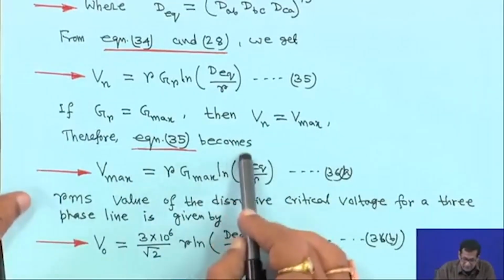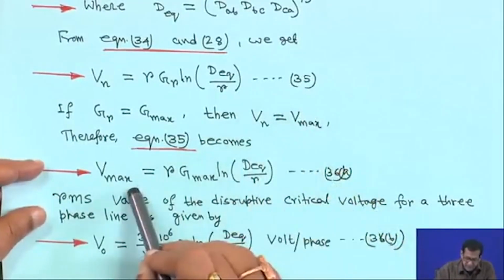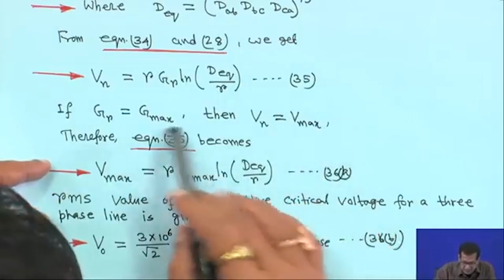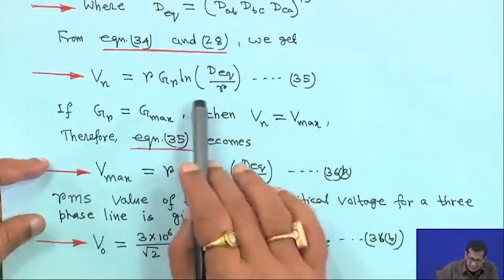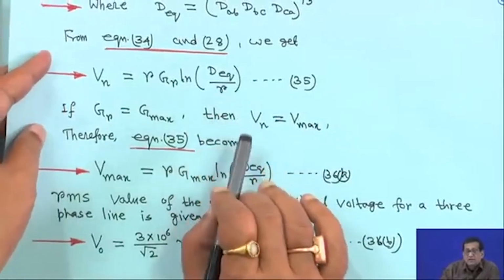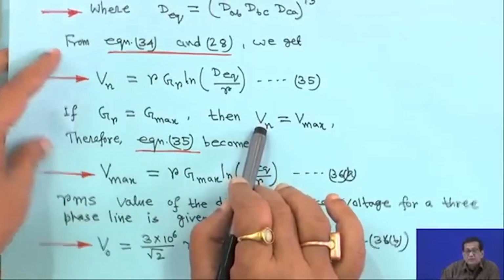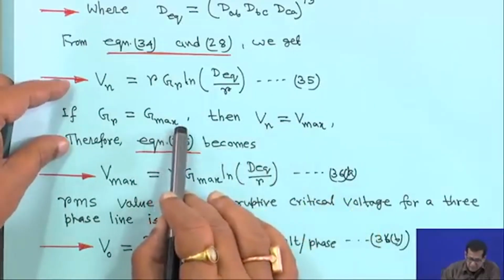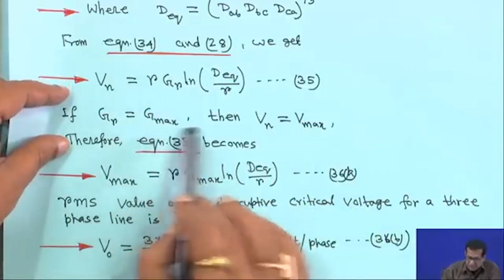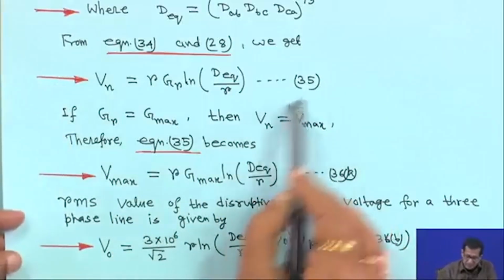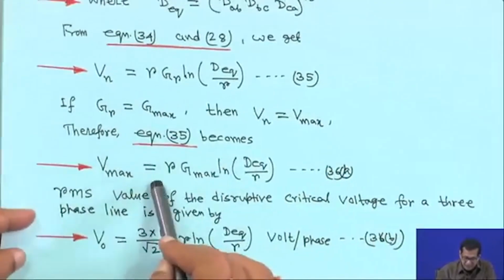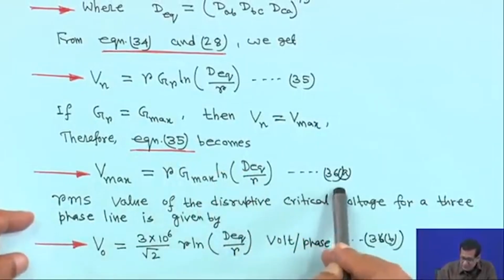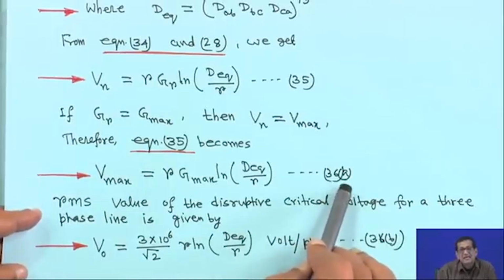Therefore, from equation 35, V max is equal to R g max ln dq upon R, because Vn is equal to V max, and Gr is equal to G max, because at the surface of the conductor the potential gradient is maximum, that is at x is equal to R. So, in that case Gr will be G max and Vn will be V max. Therefore, this equation we can write as V max is equal to R G max ln dq upon R. This is equation 36a. I have marked this as 36a.